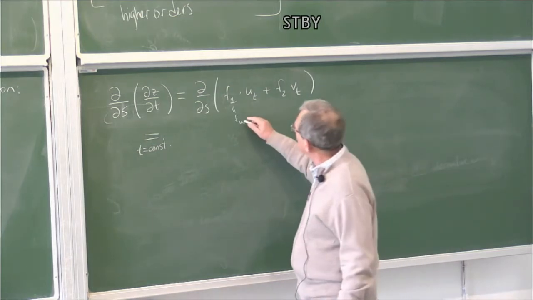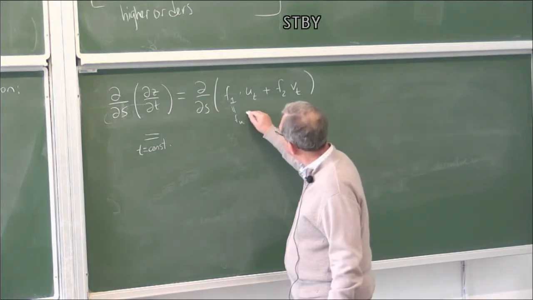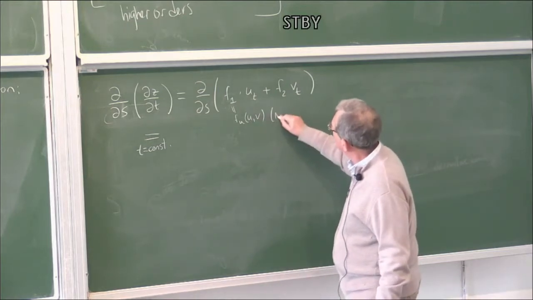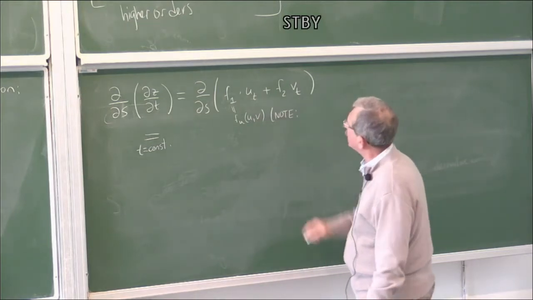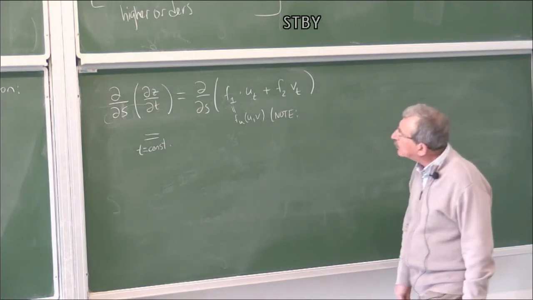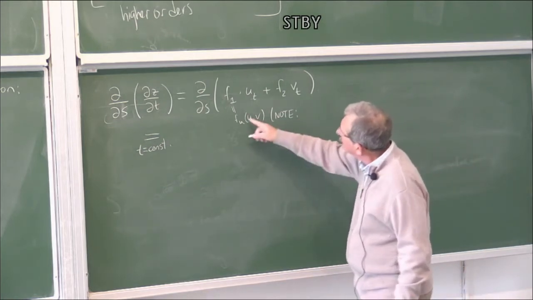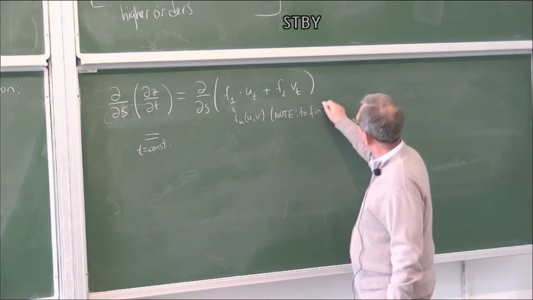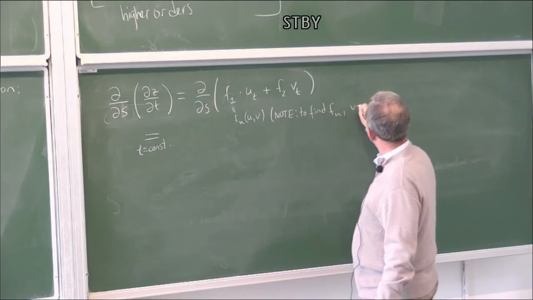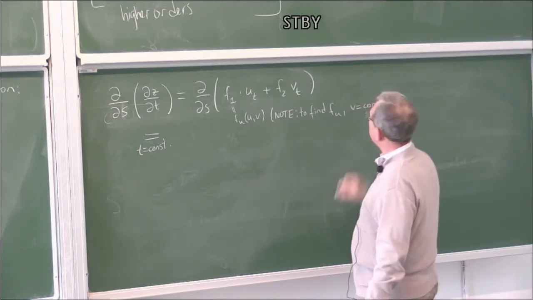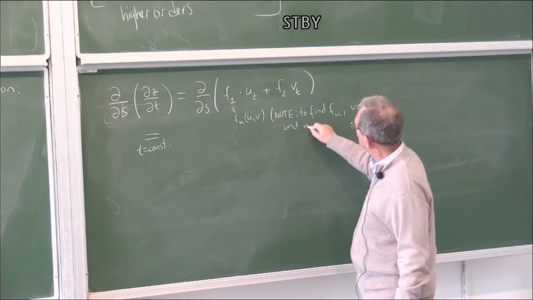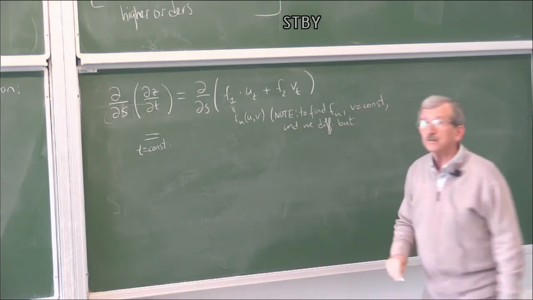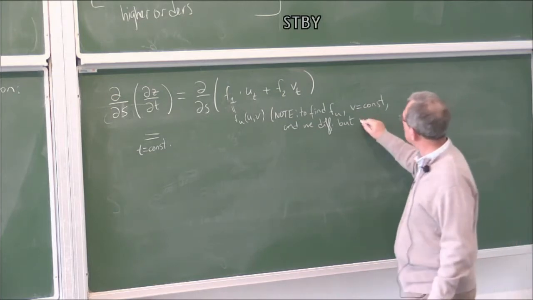So f sub u is a function of u and v still. So here, let me give the note. Now, in calculating f sub u, v is a constant. So to find f sub u, v is constant, and we differentiate. But v does not disappear.